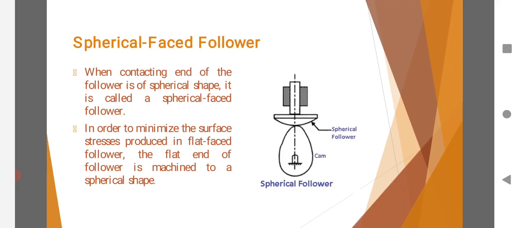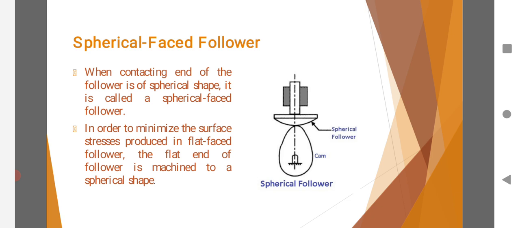Next one is spherical faced follower. When the contacting end of the follower is of spherical shape, it is called a spherical faced follower. Second point, in order to minimize the surface stresses produced in a flat faced follower, the flat end of the follower is machined to a spherical shape.